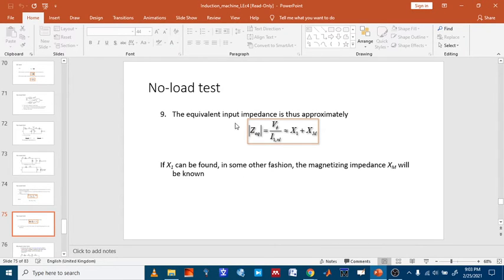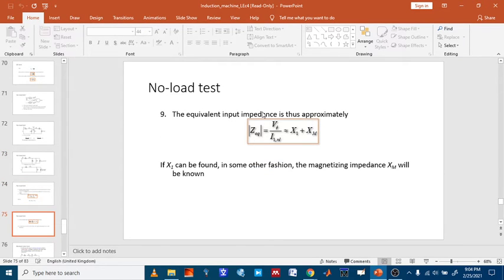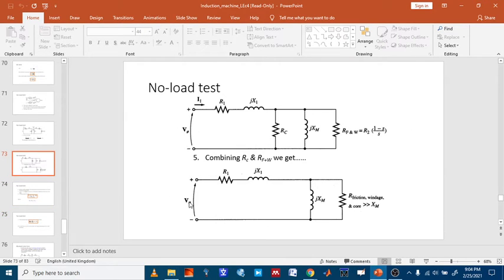The equivalent input impedance is equal to V phase over I1. V phase over I1 is the input impedance, if you want to calculate the total impedance. Do you get it?